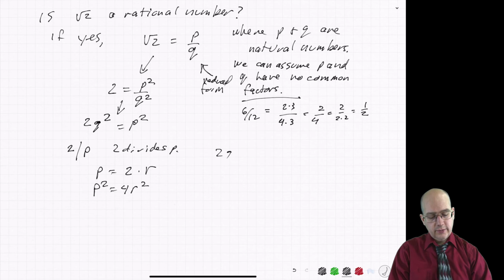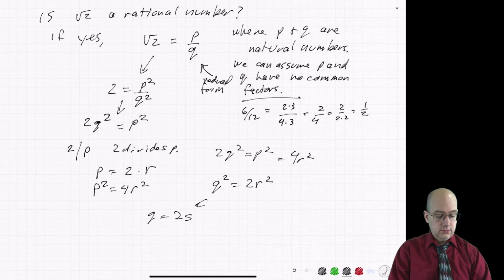And so we have 2q squared equals p squared, and this is equal to 4r squared. So now we can cancel that 2. We've got q squared is equal to 2r squared. So that implies that q is equal to 2s. All right?